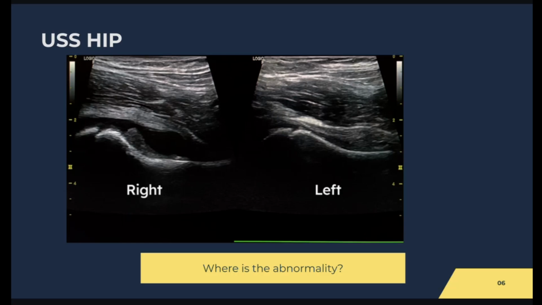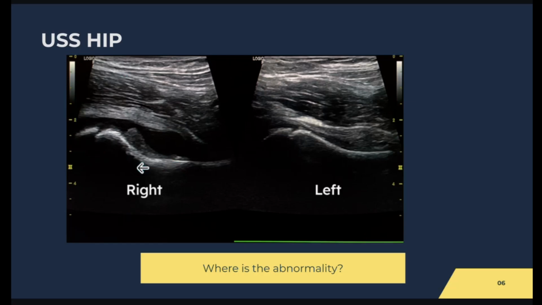Dr. Ajalog, would you like to clear the confusion in this scenario? To clarify, very good presentation, Lara. To clarify, in the right image, you can see the musculature and the joint capsule distended by the black area. So that's a right hip joint effusion.